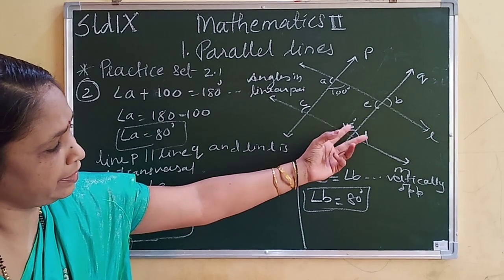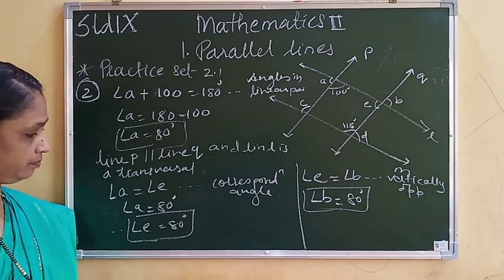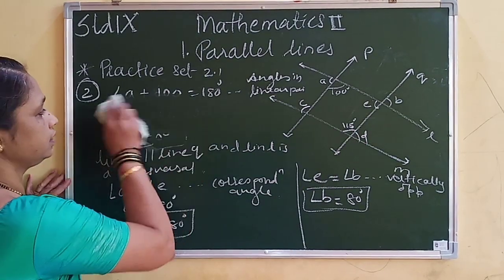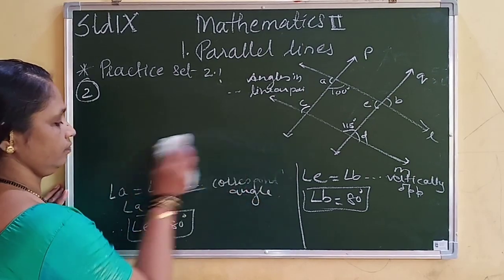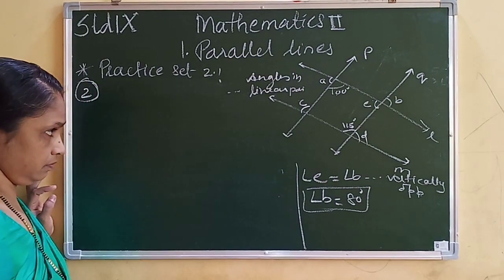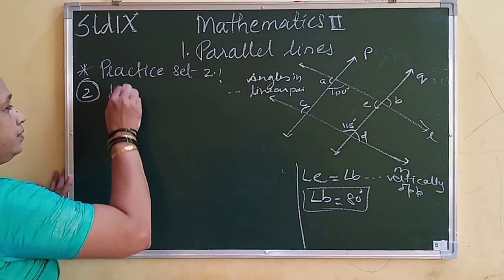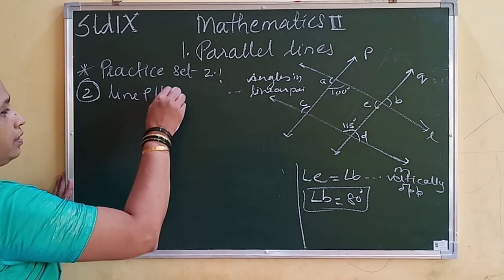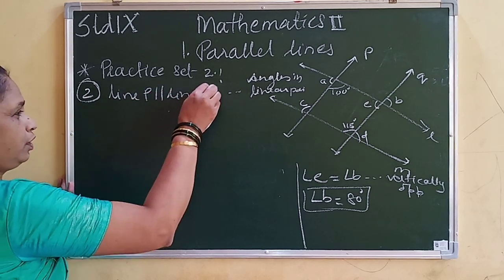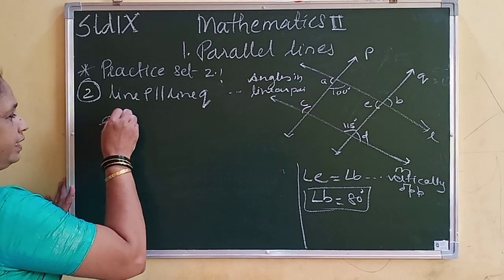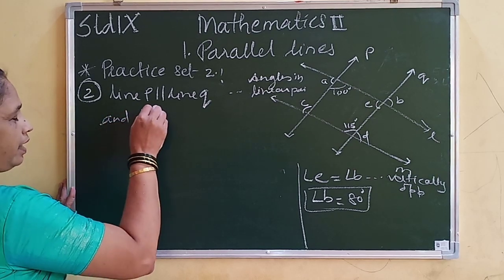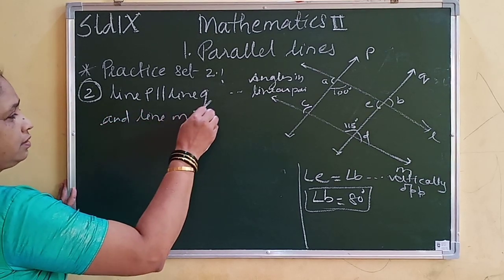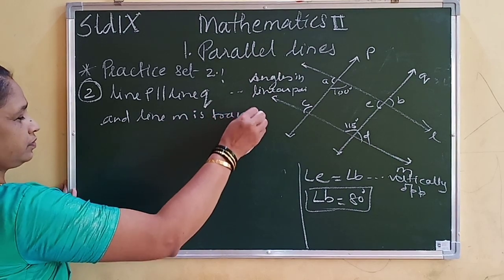Now this we will find out first. The angle we will find. We consider line P parallel to line Q and line M is a transversal.